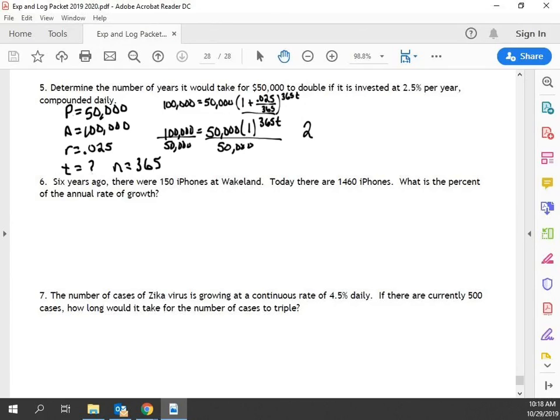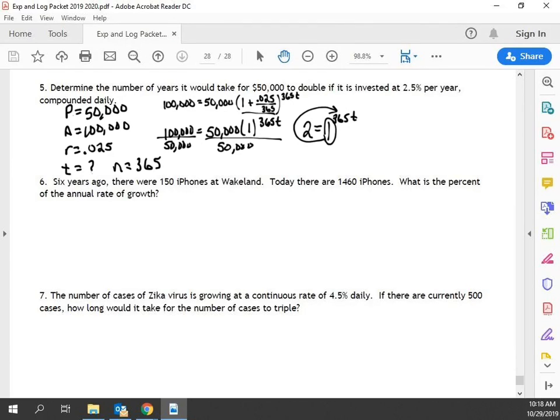So you end up with 2 is equal to 1.000068493 raised to the 365t. So what do we do here in order to solve this? If the variable in question is an exponent, you have to use log.